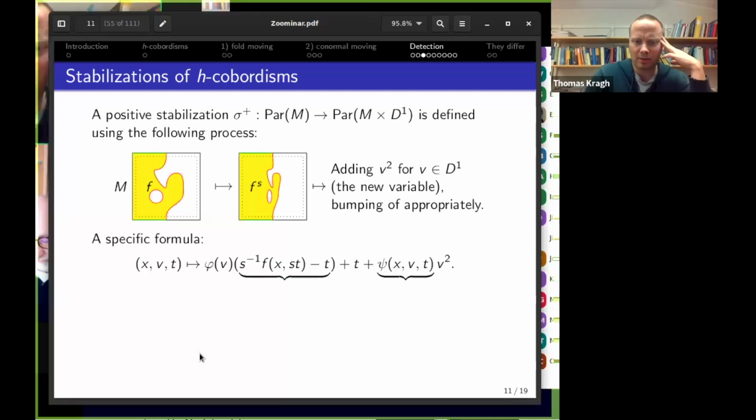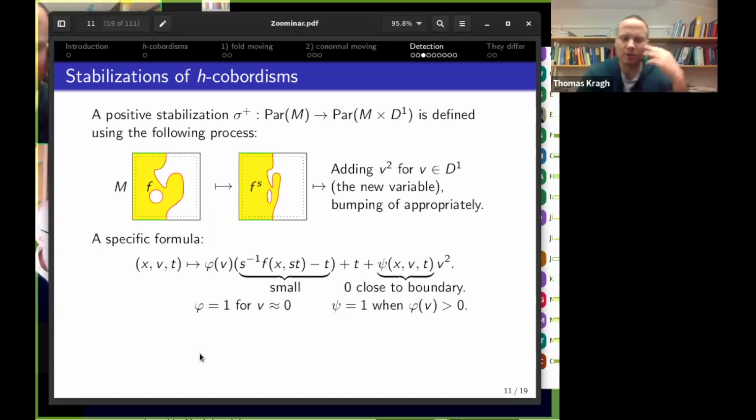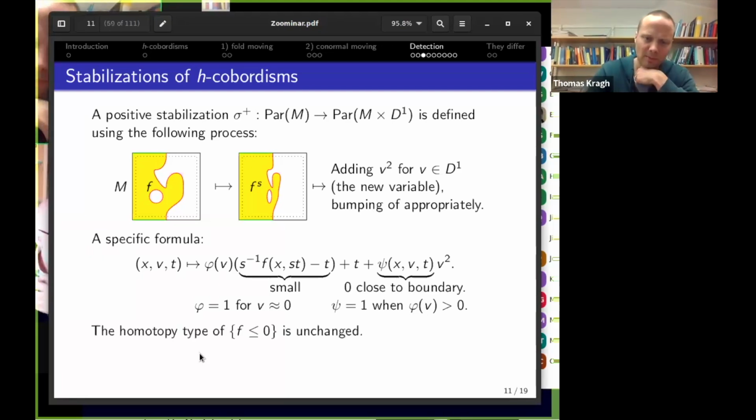You have to be a little careful doing it in the right order. You need two bump functions and so on. But the main point is that if you look at the stabilized partition, then the sublevel set of 0 is unchanged, meaning that sigma plus of F's sublevel set has the same homotopy type.